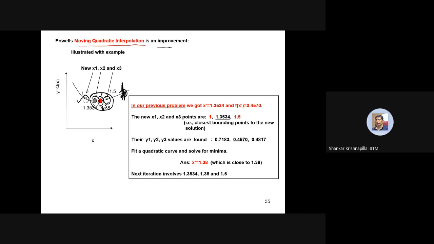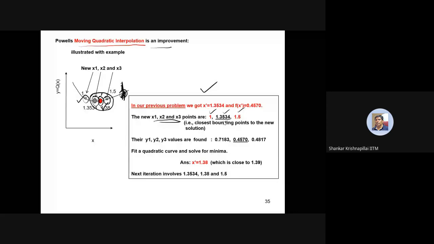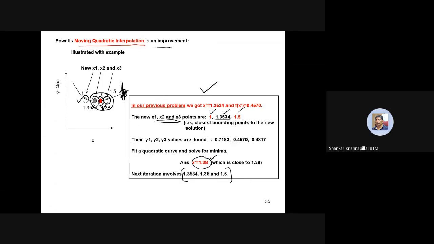You fit the curve, and the best point we get is 1.38. Then the next iteration involves 1.38 and the two points around it.